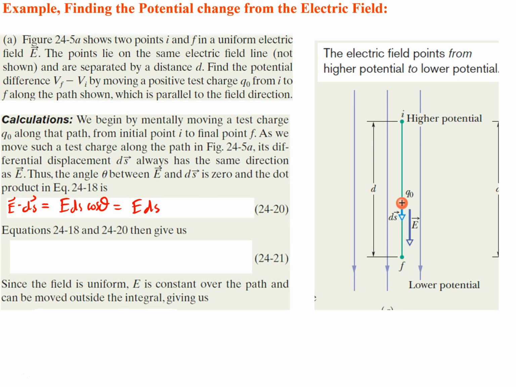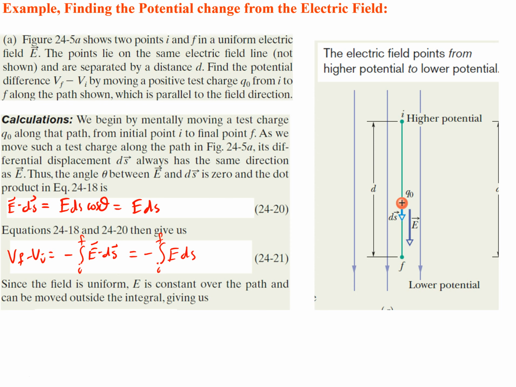Now plugging that into our potential difference equation, Vf minus Vi is equal to minus the integral from I to F of E dot ds, and we just saw that E dot ds is just E ds. So this is equal to minus the integral from I to F of E ds. Since the field is uniform, E is constant over the path. It's not changing, so it can be pulled out of the integral.